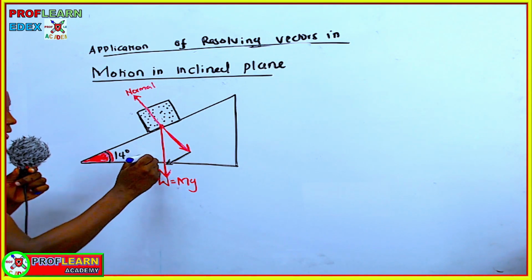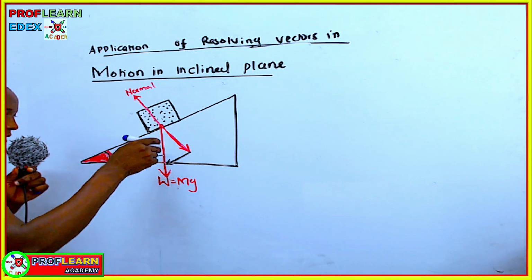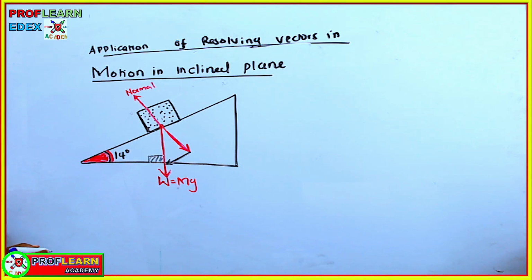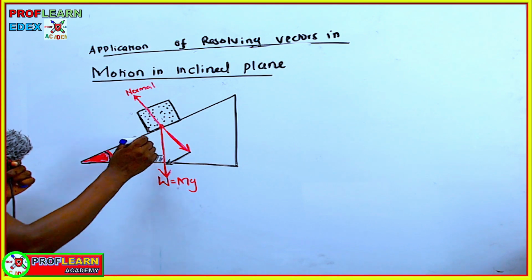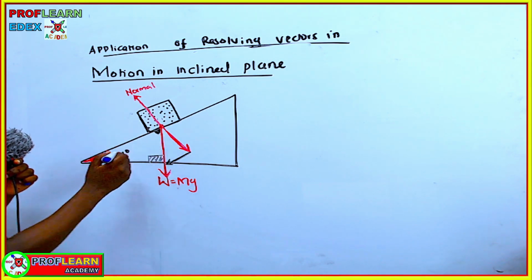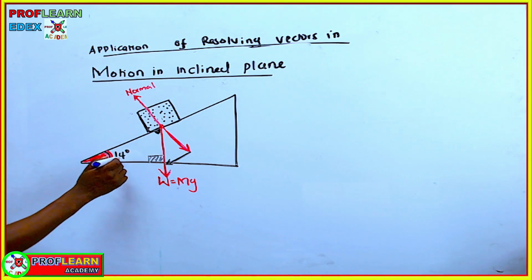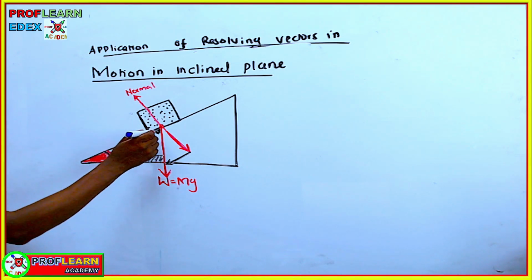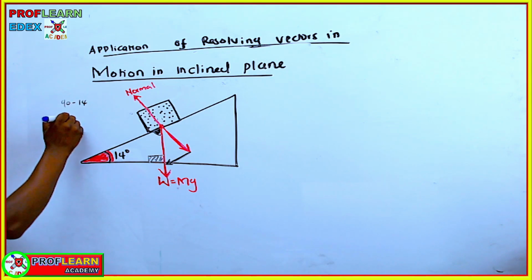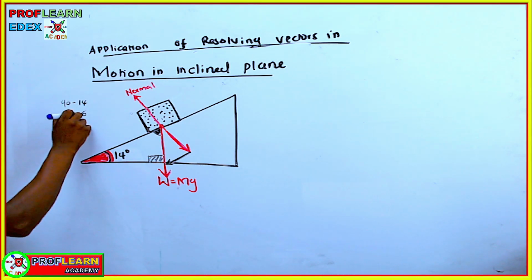But number one, I want you to remember that if this was a force acting vertically down like that, then it means this is 90. Then we can know what this angle is. Because if this is 90 and this is 14, we can say the remaining angle here will be 90 minus 14, which is going to be 76.